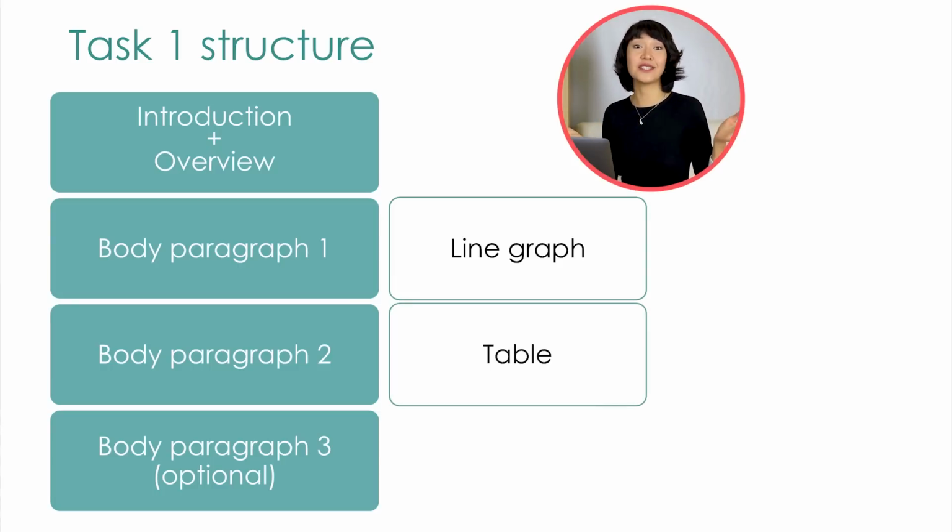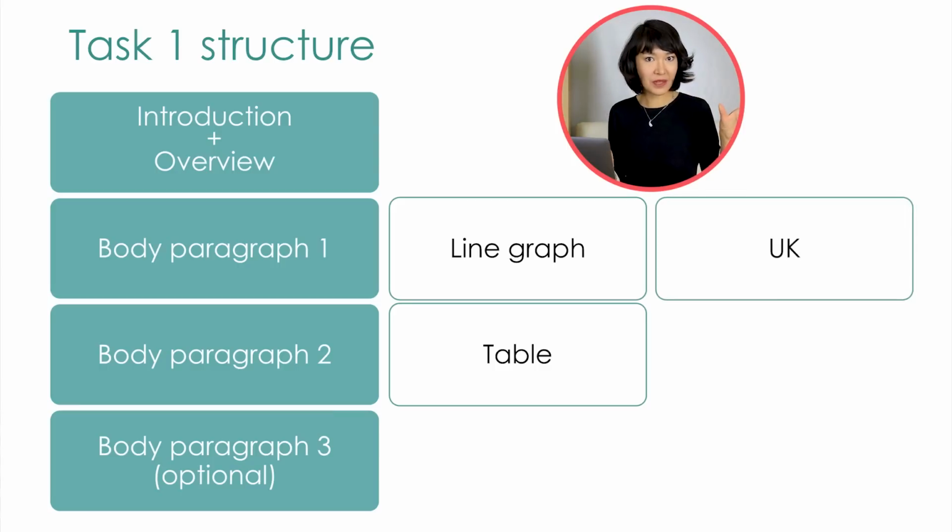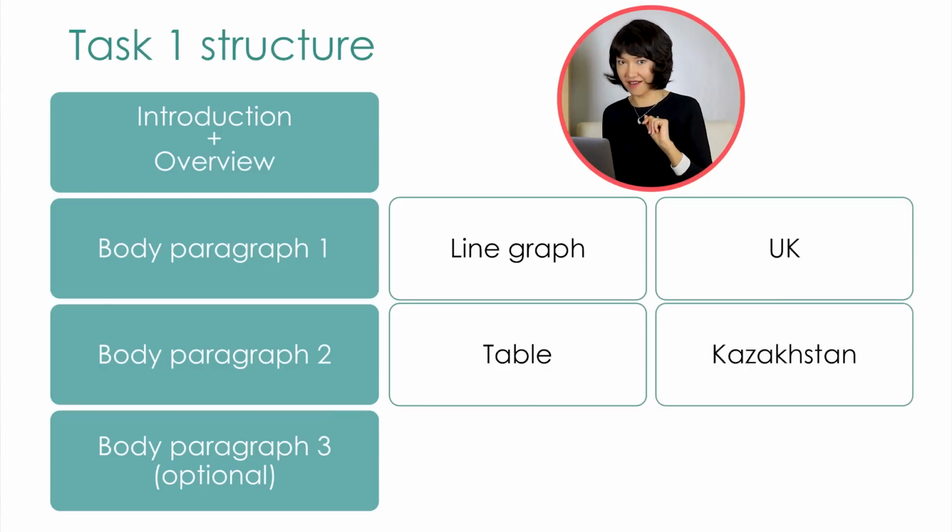That's the easiest way, and that's what I'm going to do in my report. You could talk about the UK in one paragraph and Kazakhstan in the other. Theoretically, you could split the time period into, for example, years before 1960s and after, but I think that would be more complicated in this case.